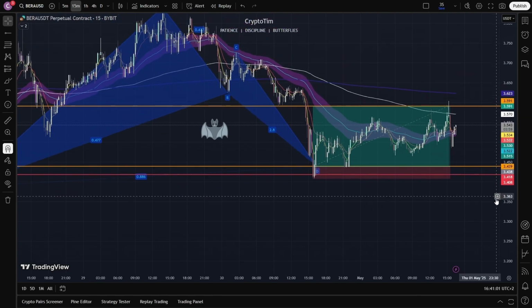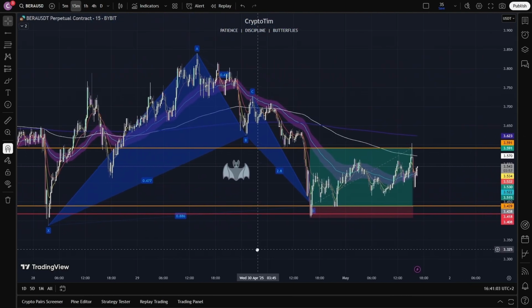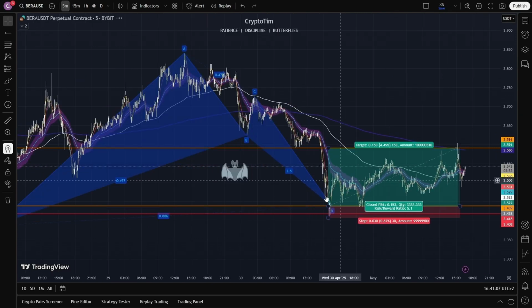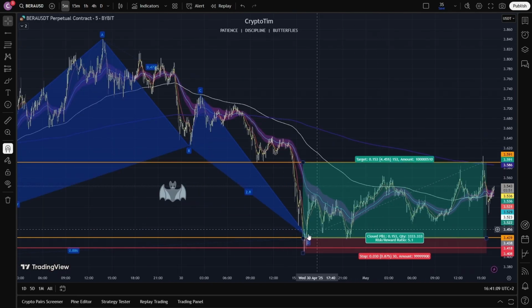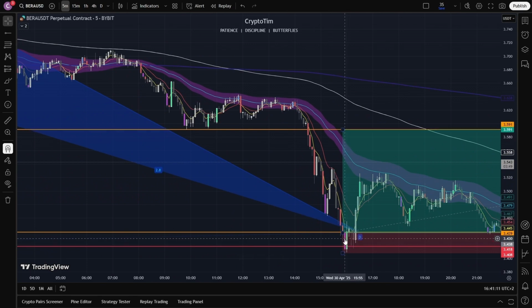Besides that, we could see the harmonic pattern got respected pretty well on the lower time frames. We can have a quick look at the 5 minute. Here we see this pink green vector, so you can tell this is pure manipulation. Not much we can do about this, we just have to sit through it.